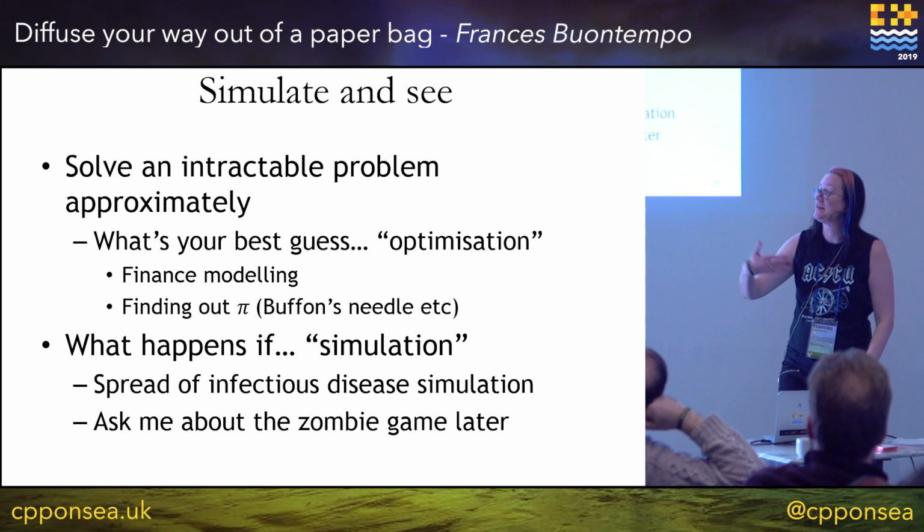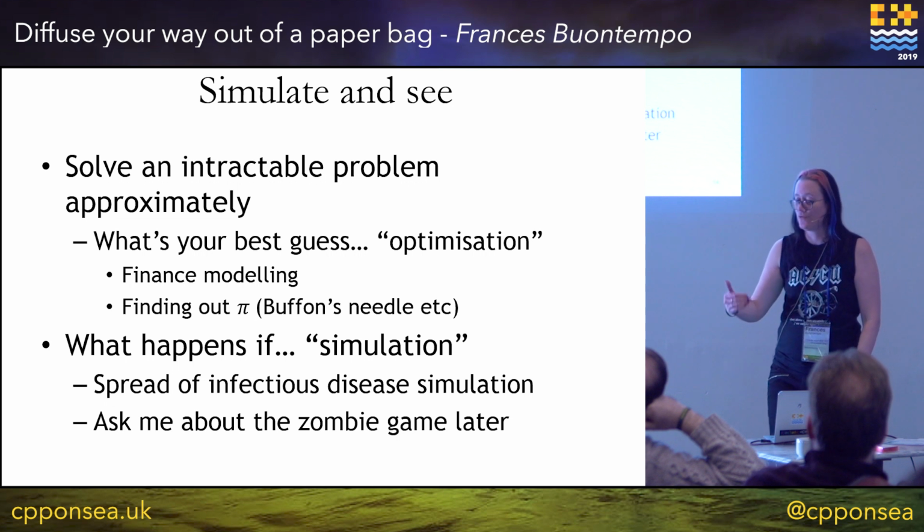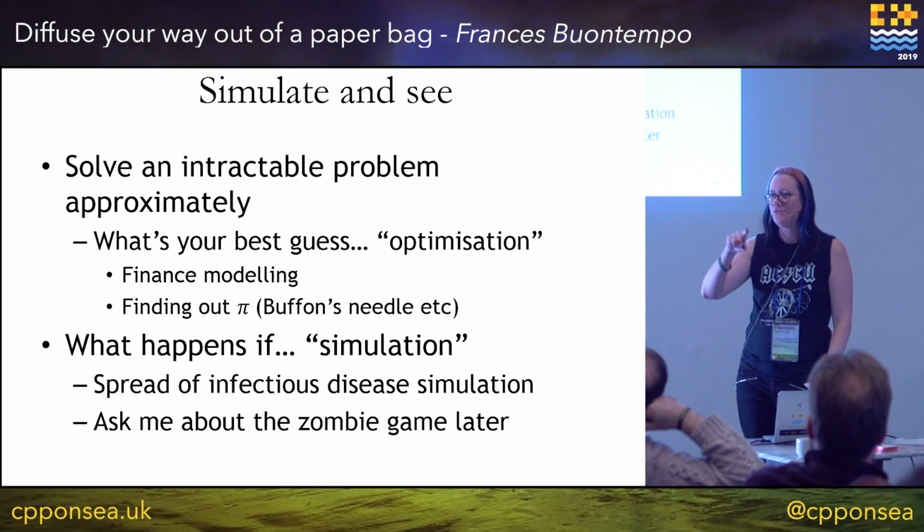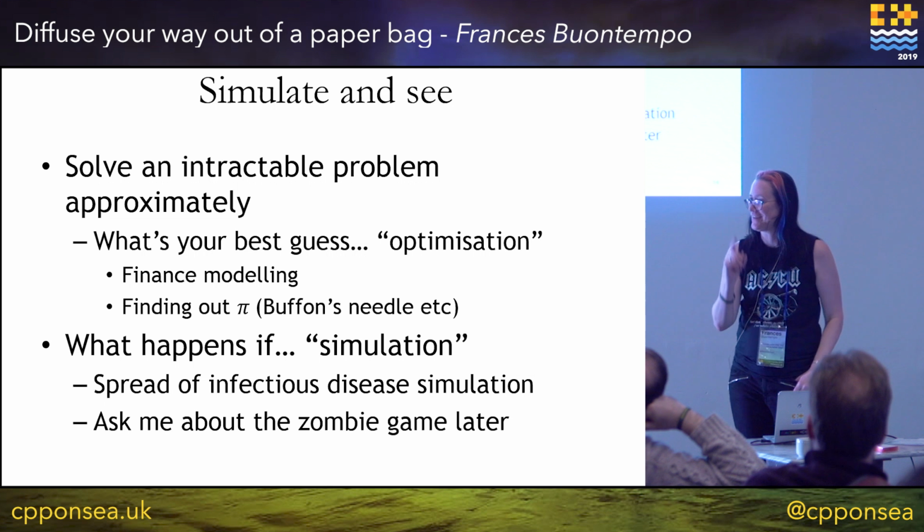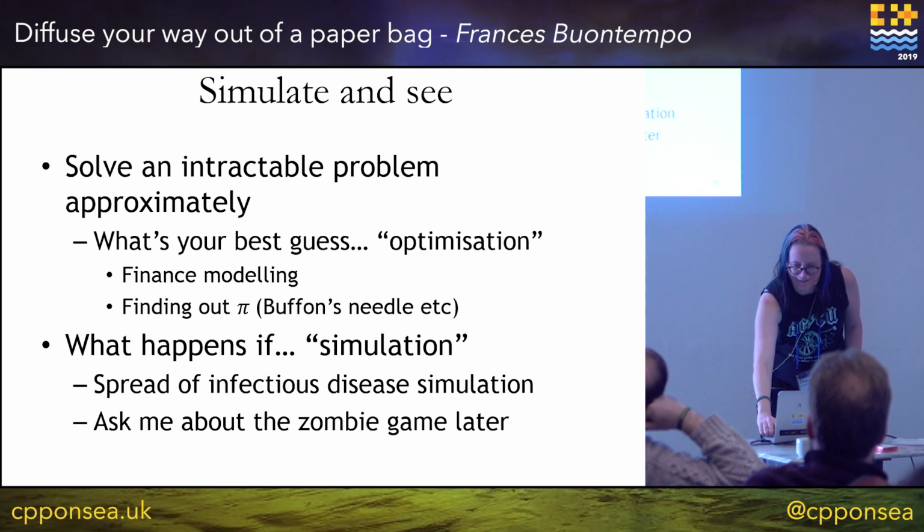So it shows you what would happen if I did this. Is it better going down or up, left or right? We might be able to get something out of a paper bag if we did this.